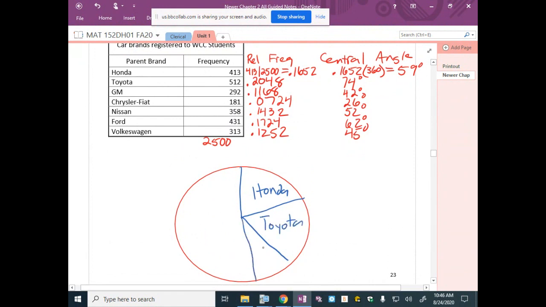GM, definitely a smaller piece of the pie. And Chrysler Fiat, even smaller. Nissan are a larger piece of the pie, maybe a little larger than that. And then you have Ford and Volkswagen.